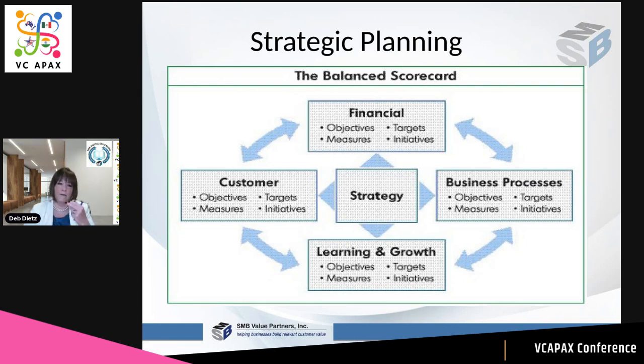And you have the right value to offer your customers. You're offering them the right products and services, and you're delivering on that brand promise of relevancy, authenticity, and differentiation.